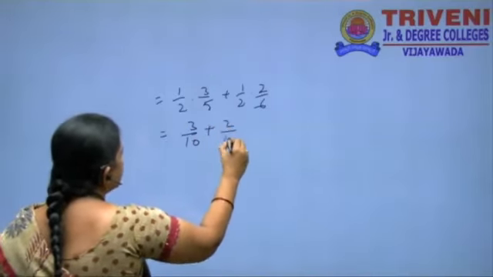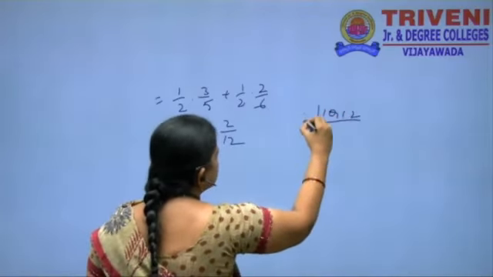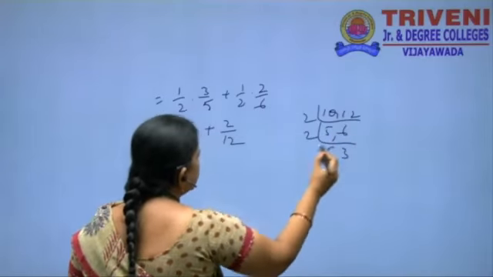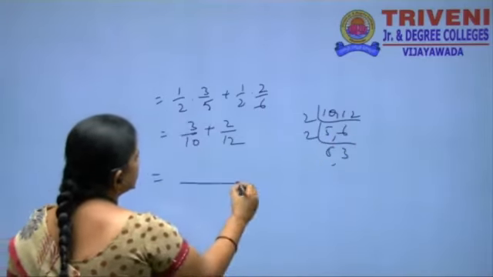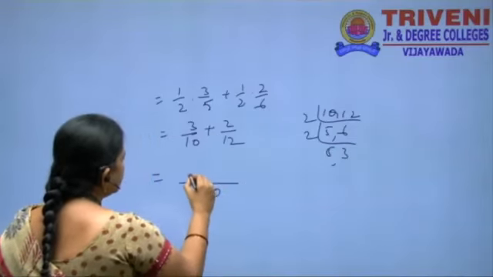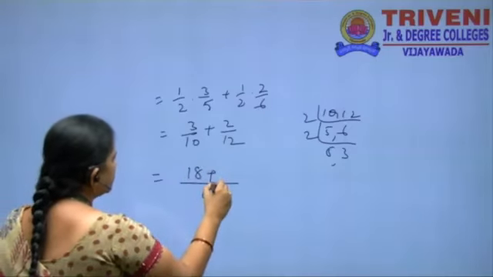Plus 2 by 12. The LCM of 10 and 12 is here 60. 60 by 10 is 6, 6 into 3, 18.